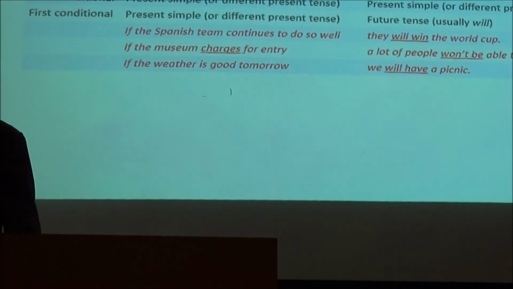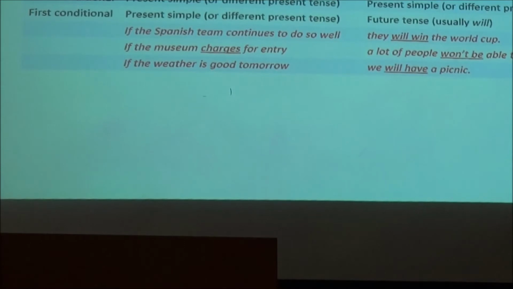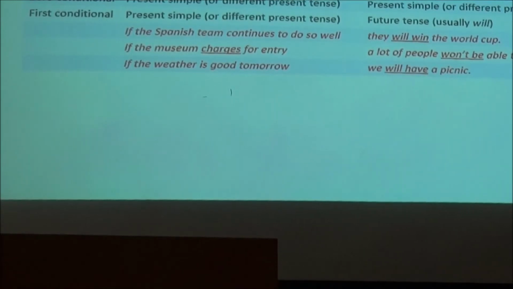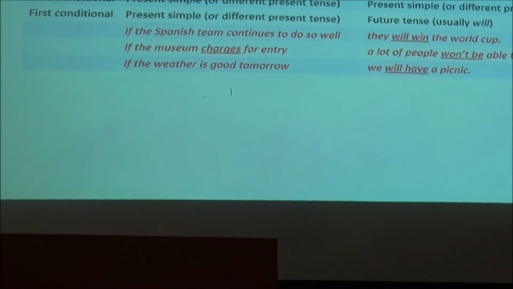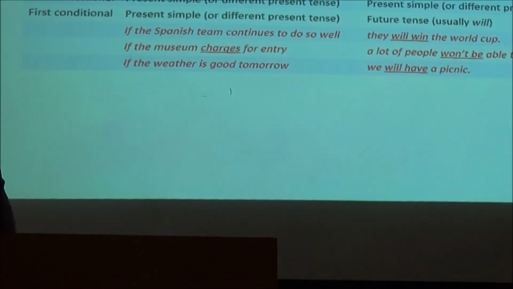For example, if the Spanish team continues to do so well, continue should have been underlined, they will win the World Cup. If the Spanish team continues to do so well, they'll win the World Cup. This is something which is a future possibility. This might happen, it might not happen, but it's quite possible that this is going to happen.